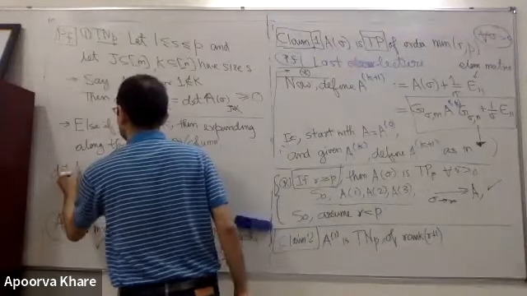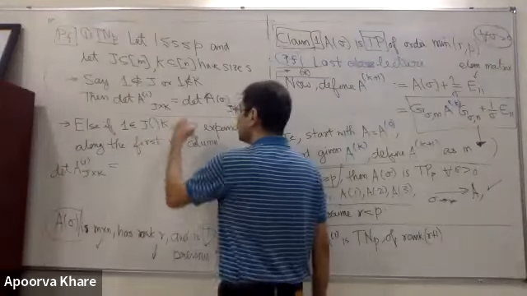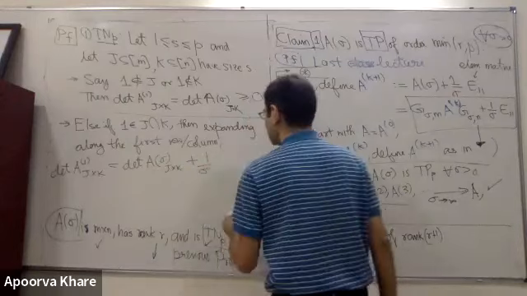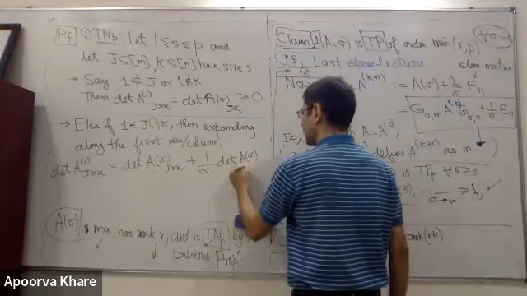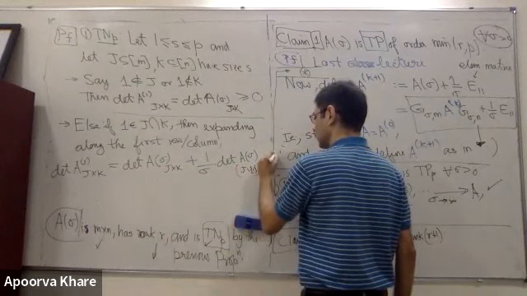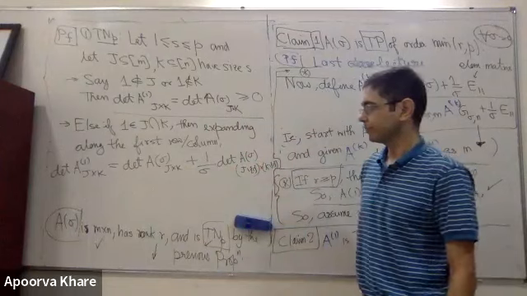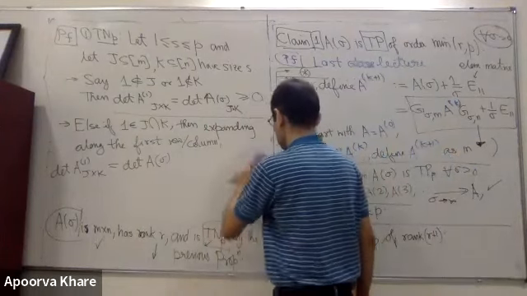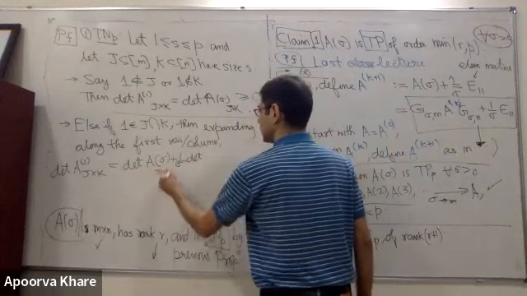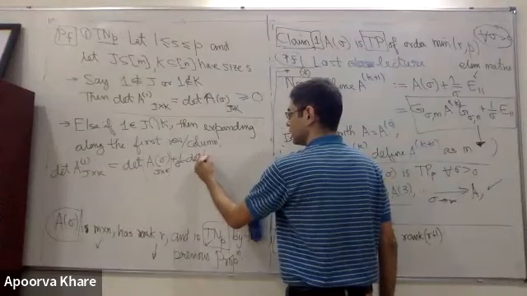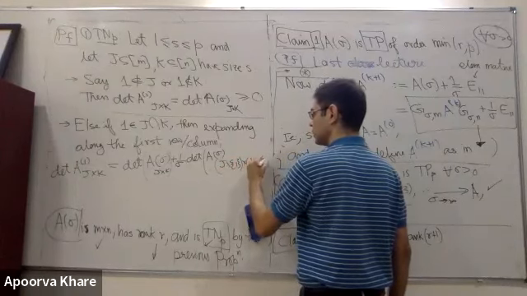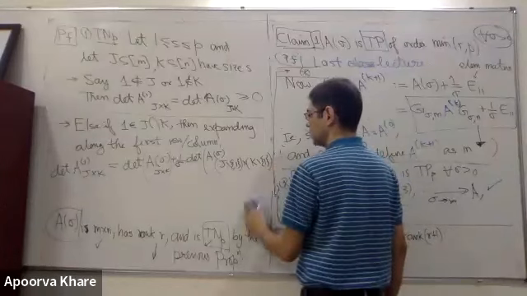So let's look at the determinant of A of 1, J cross K. This is equal to everything else, and everything else is the determinant of A of sigma, J cross K, plus 1 over sigma times the determinant of A of sigma, J minus 1 cross K minus 1. Yes, I'll try to write it slightly bigger.